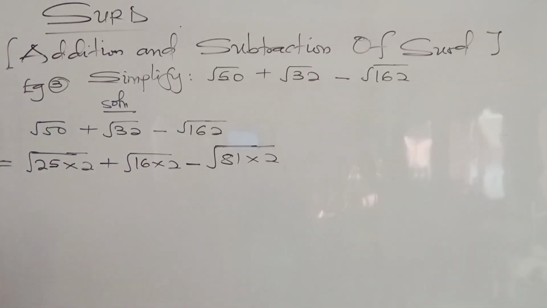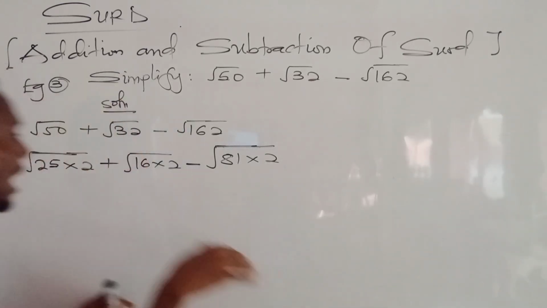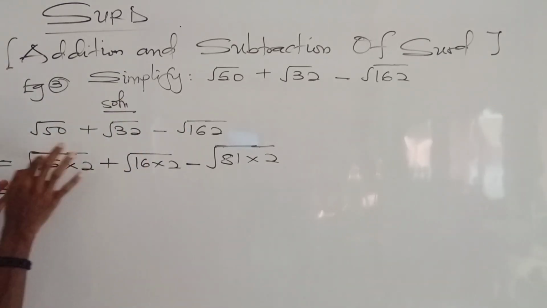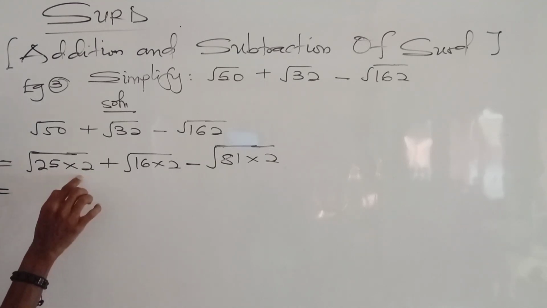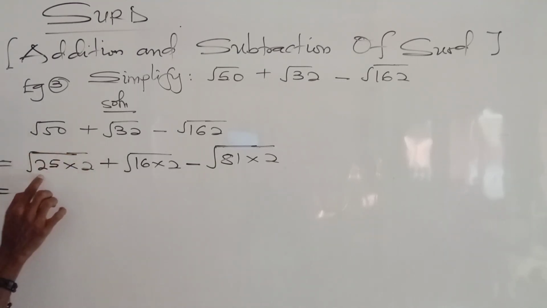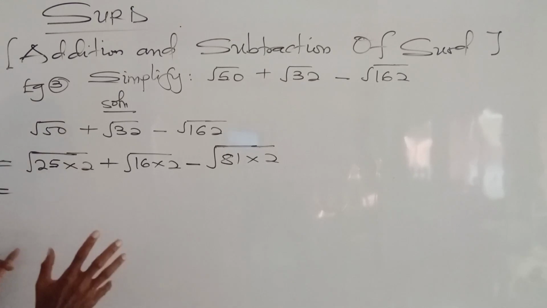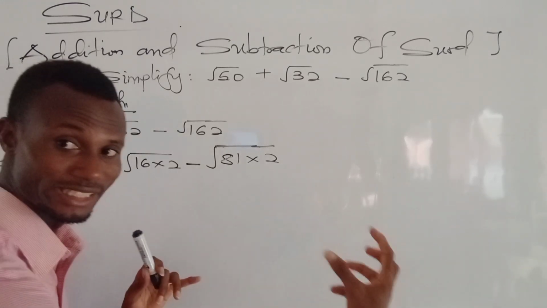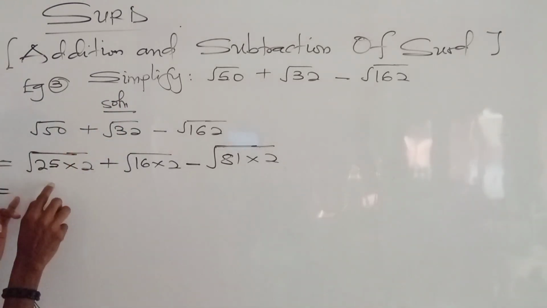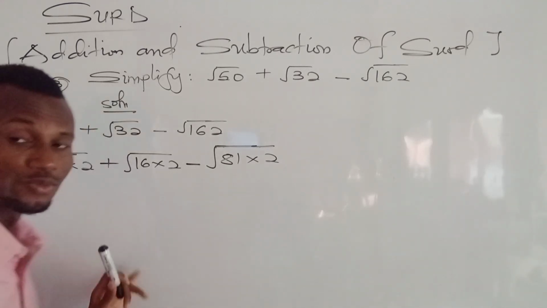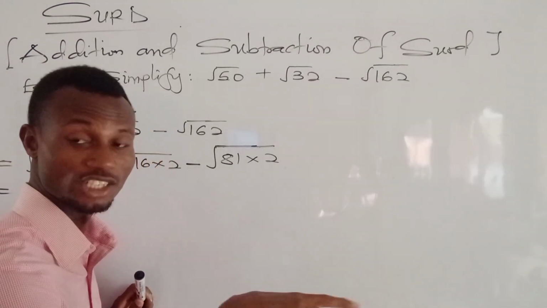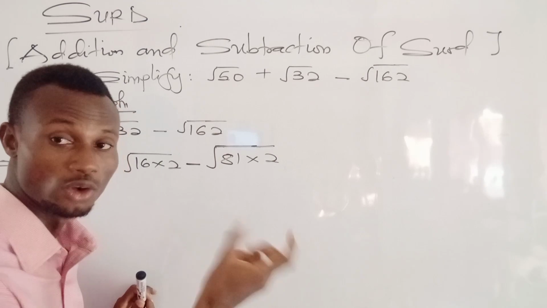Now, I've explained in the previous videos, in the simplification of surds, that having this, the square root affects everything down here. So the square root affects the 25 and also affects the 2. We can separate them by writing it as square root of 25 times square root of 2. We've done this under the simplification of surds, so we are applying the same knowledge here.